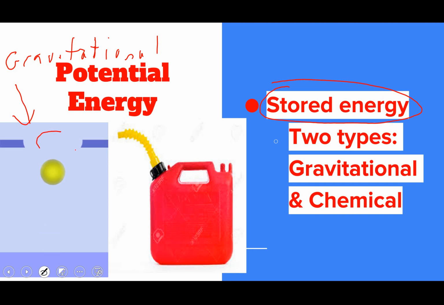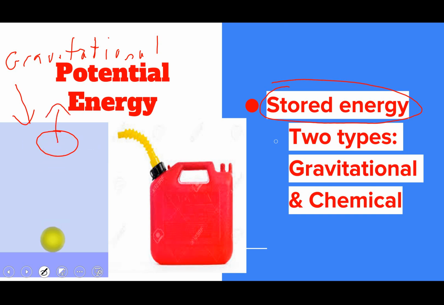When the ball's up here and it's suspended by whatever is holding it up, that ball has potential energy because gravity is pulling on it. When that is released, that ball converts its potential energy into kinetic energy, which is what we're going to get into in a second. But when it's staying still, it still has potential energy because it's high in the air.